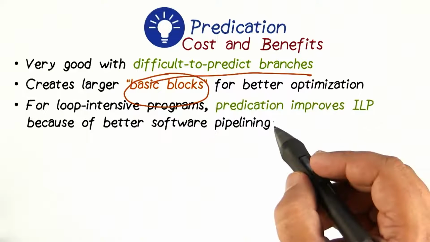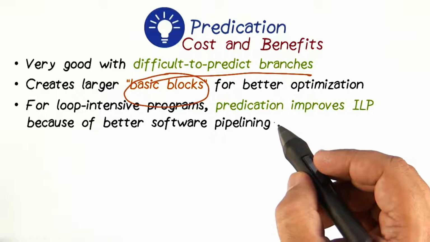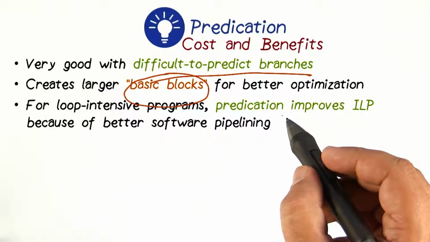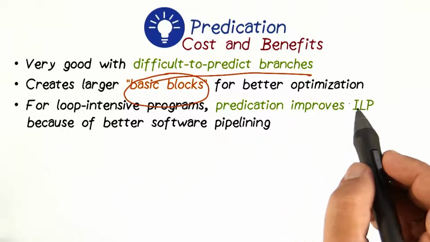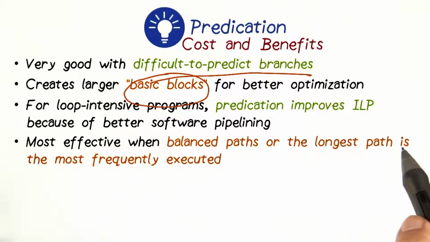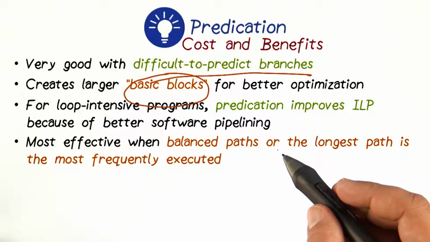For loop-intensive programs, predication improves the ILP because of better software pipelining, and you can see that because of these large blocks of code, we can move those around between different iterations, and we can create a better schedule. Predication is most effective when the paths are balanced, or the longest path is the most frequently executed path, because we are going to execute both paths.